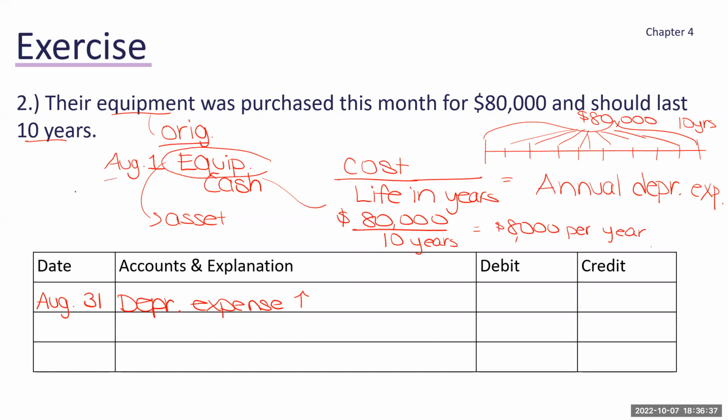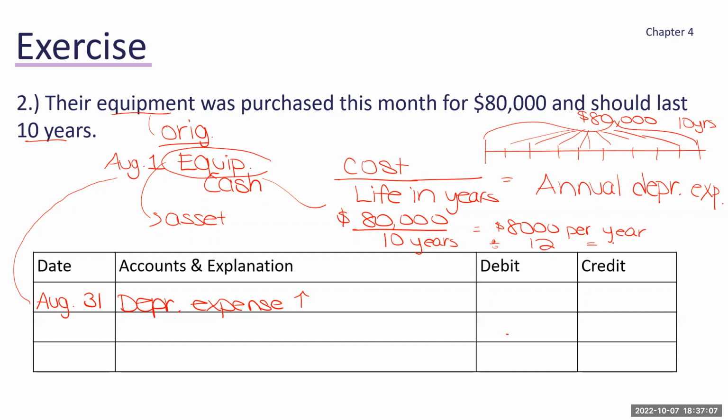We bought it August 1st and we're recording the adjustment August 31st. We've only had it for 1 month. So we can only record 1 month of expense. You can only record to expense what you've used. That's fine. We can prorate this. It's $8,000 a year, so just divide by 12 to figure out the expense for 1 month.